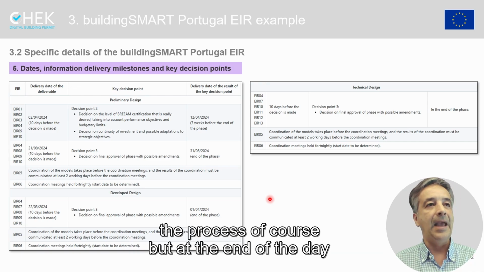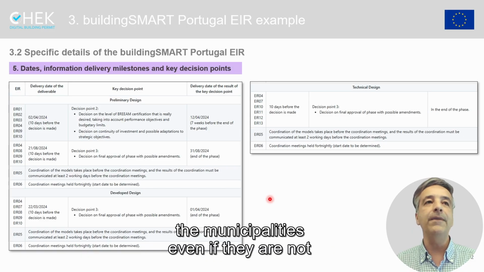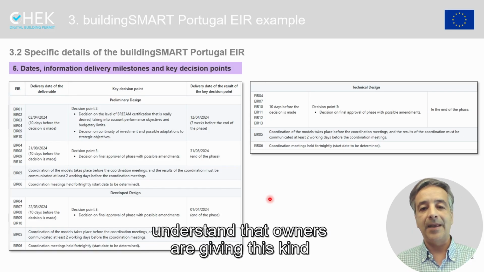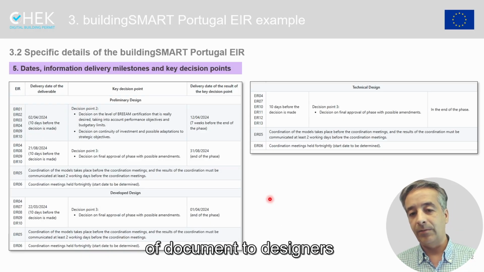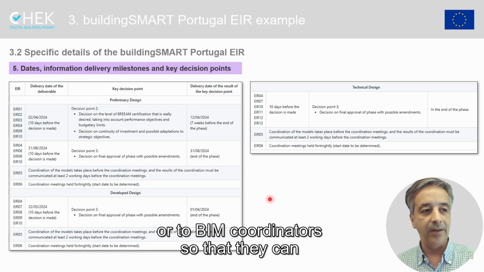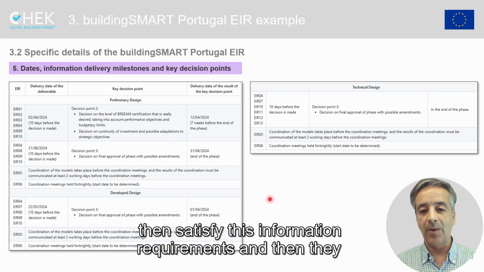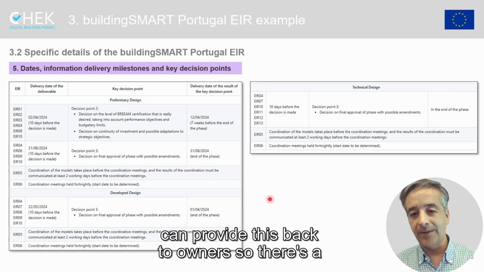But at the end of the day, the municipalities, even if they are not experienced and trained in BIM, can understand that owners are giving this kind of document to designers or to BIM coordinators so that they can then satisfy these information requirements and then provide this back to owners.